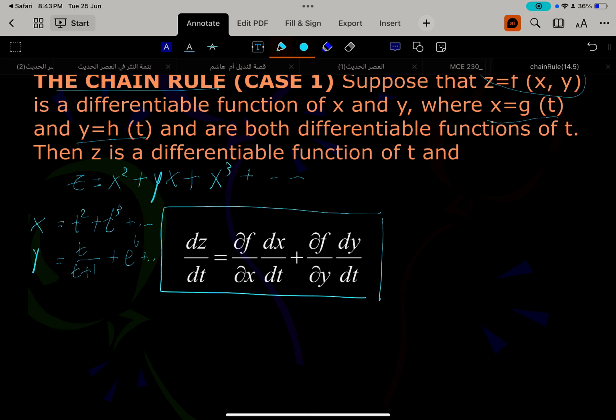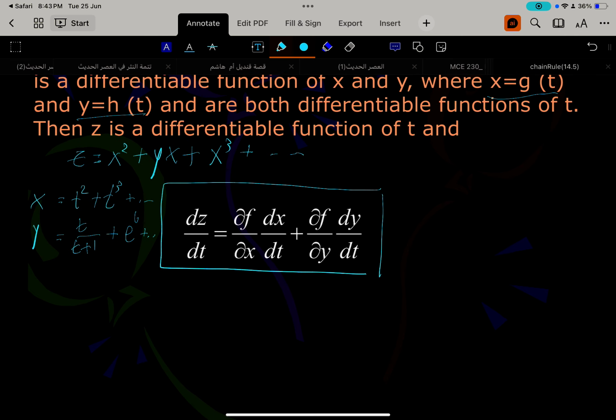Some of you would think, why not substitute x and y into z and then differentiate that? That's reasonable, but it's going to be very complicated, especially if x and y have a lot of terms. It's going to make it hard for you, and you don't want that.